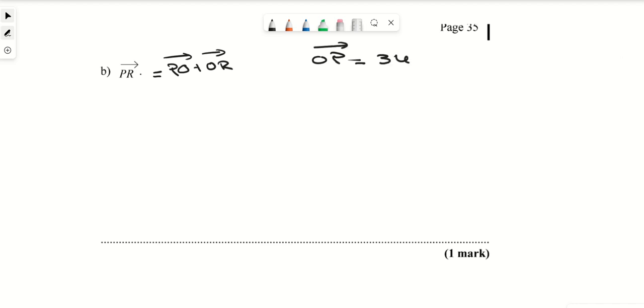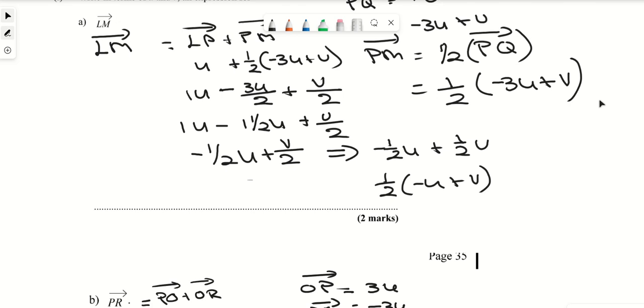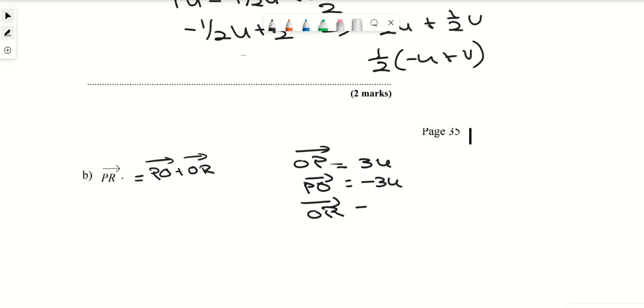So if we're going in the opposite direction, PO, this would be negative 3U. And we know OR, as I explained earlier, would have been twice V. So it's V plus V, that's 2V. So OR is equal to 2V. So this is equal to minus 3U plus 2V. And that is your answer right there.